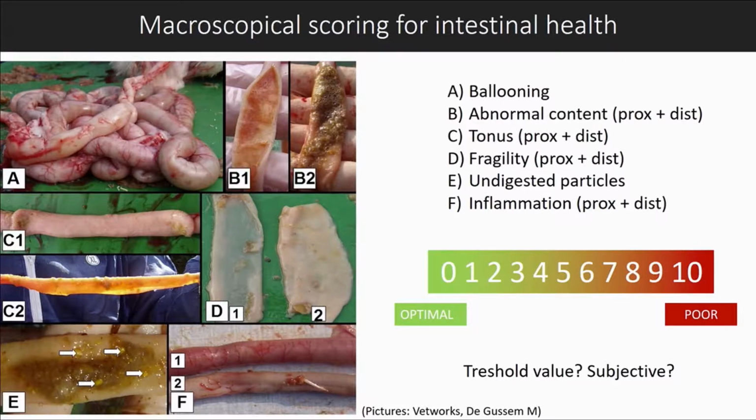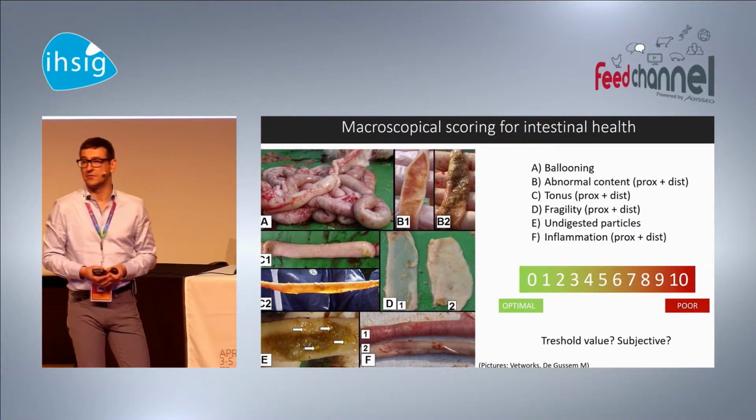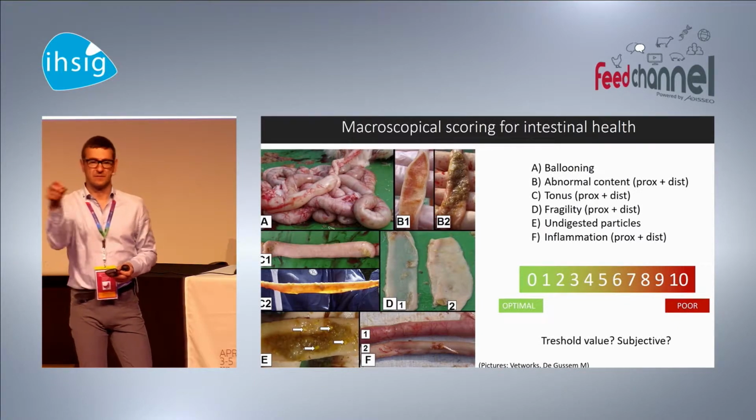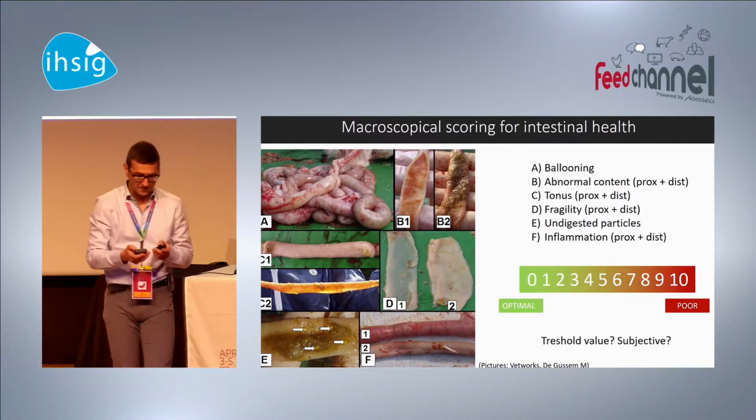And this at least gives you an indication or gives you a score at the end about intestinal health. But as said, it would be ideal to replace this kind of system with a very easy tool. Take a fecal sample, put it in a machine, get the value. That's basically what we are looking for.